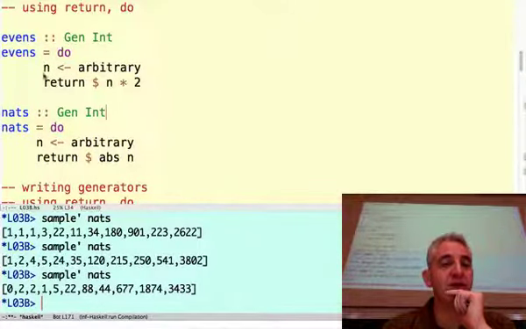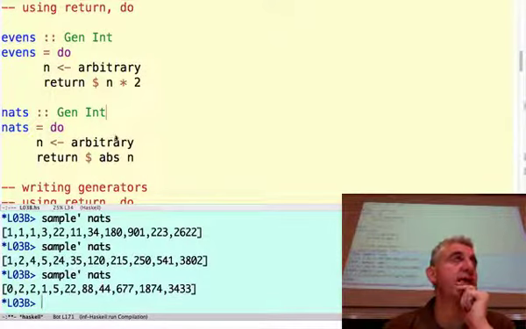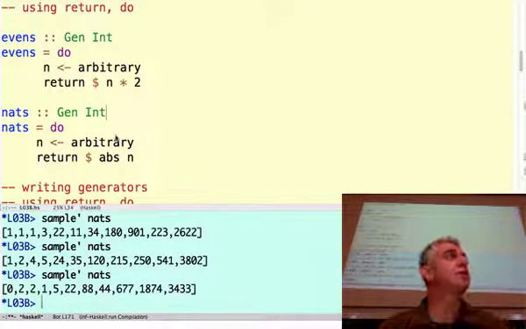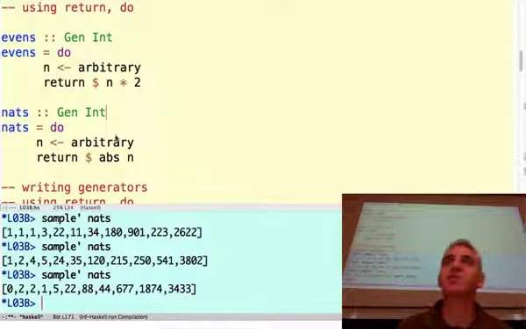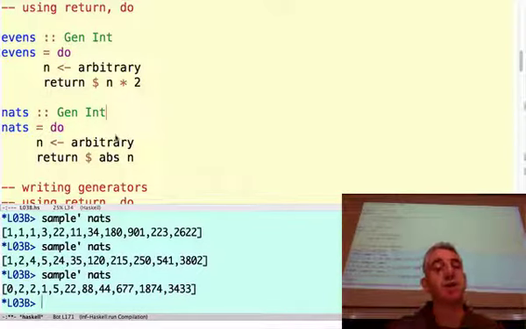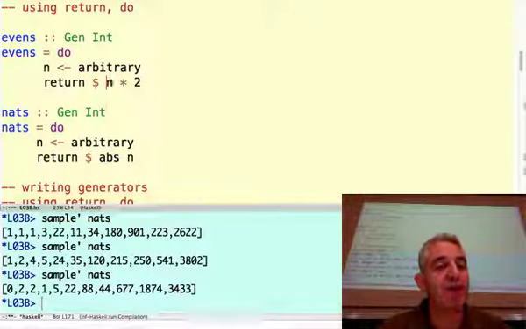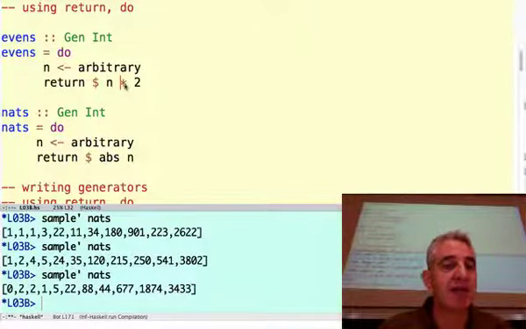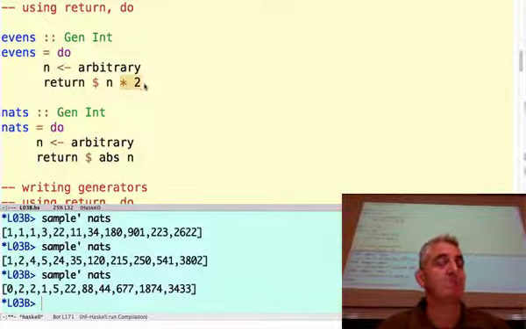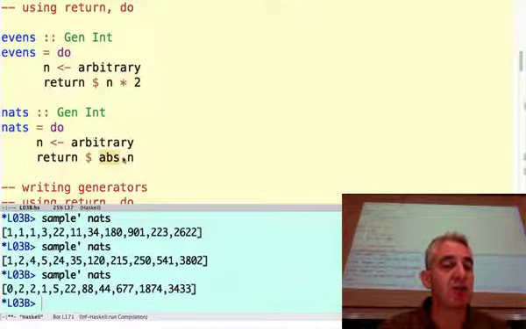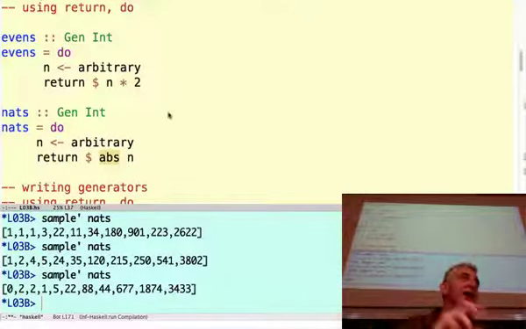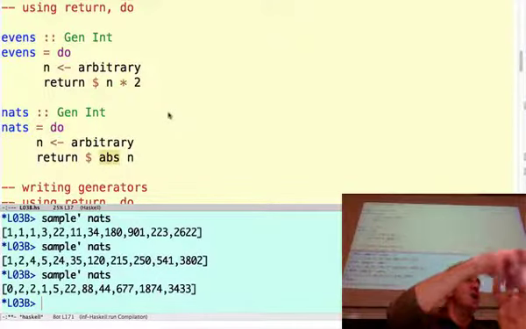Now, what do I usually do when I see myself doing cut and paste? We usually think this is really a place where a higher order function belongs. So what is going on here is that in both cases, we have a function. In this case, it's the times 2 function. In this case, it's the abs function that we're applying to the value that's inside the monad.